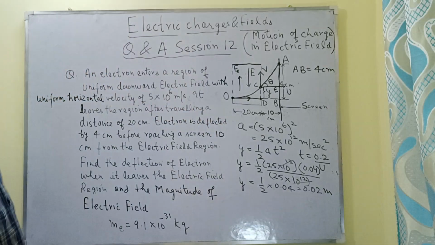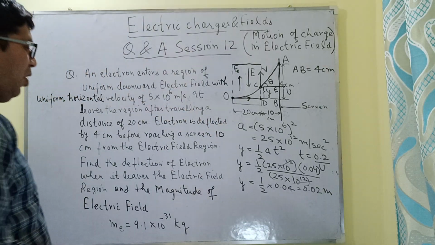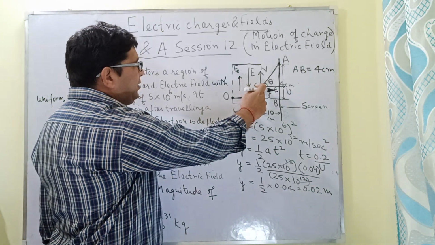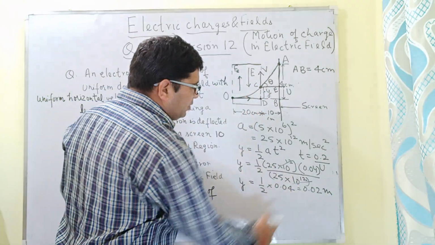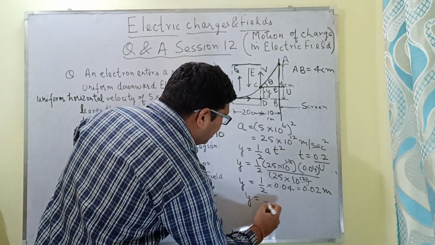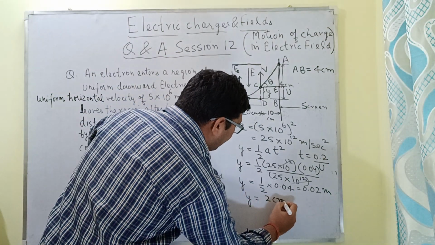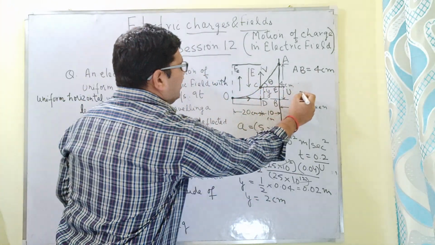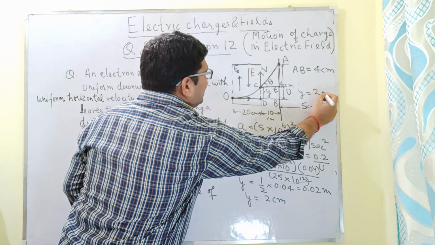So the deflection of this electron at the point of exit of the electric field is equal to 0.02 meter, or y is equal to 2 centimeter.